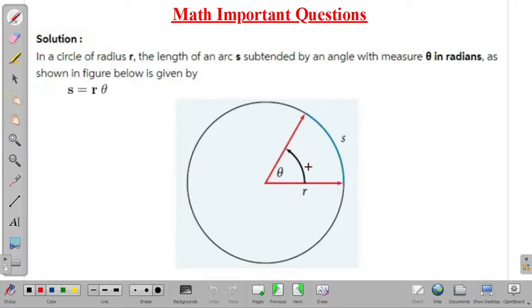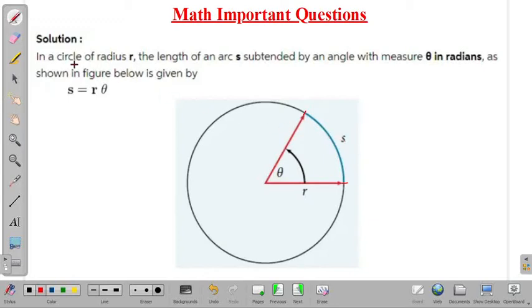See, we know that if suppose this is your circle of radius r and theta is a central angle in radian, and this is your arc length from this point to this point on the perimeter of the circle. So this is the arc length denoted by s.